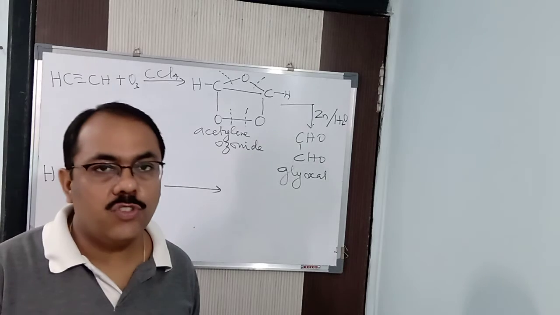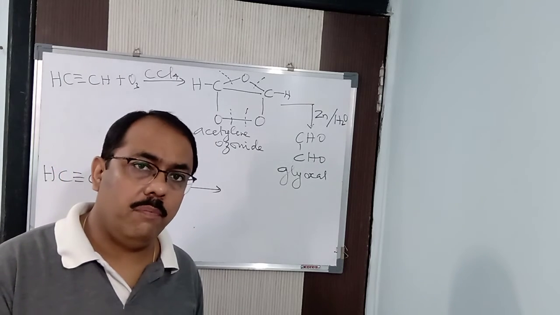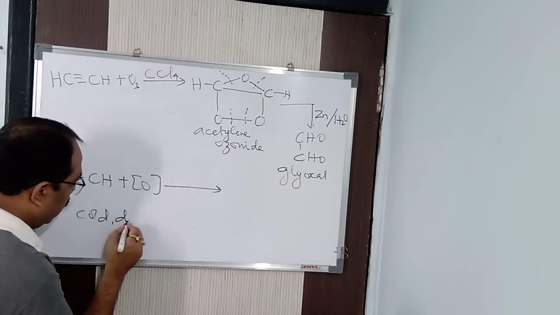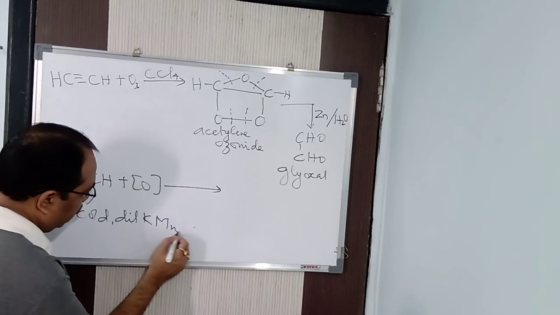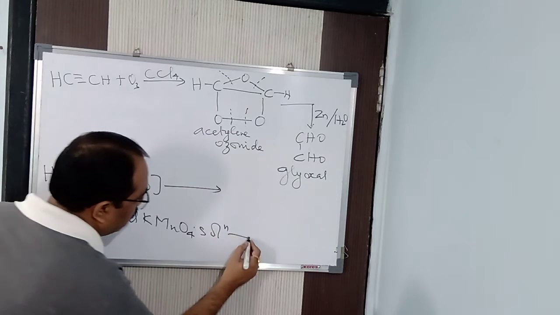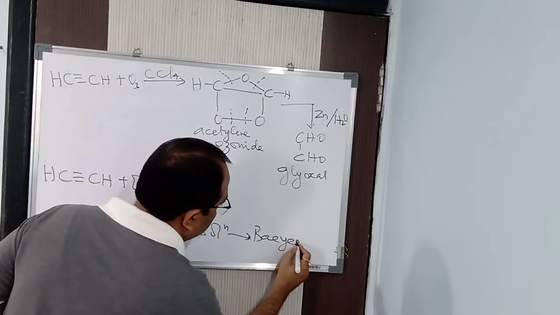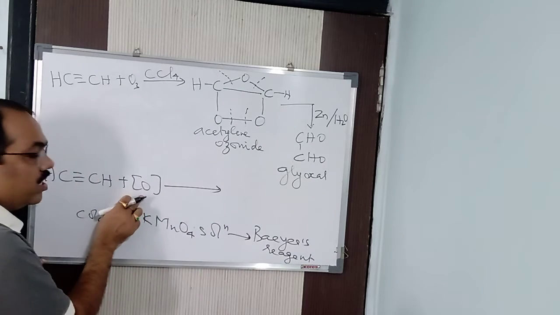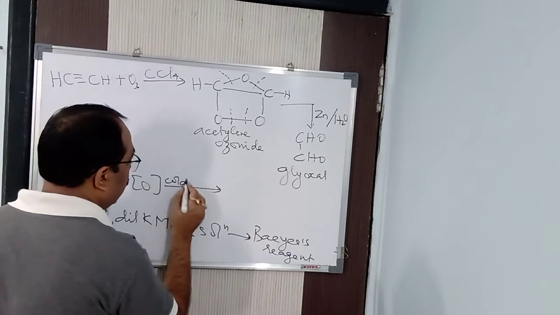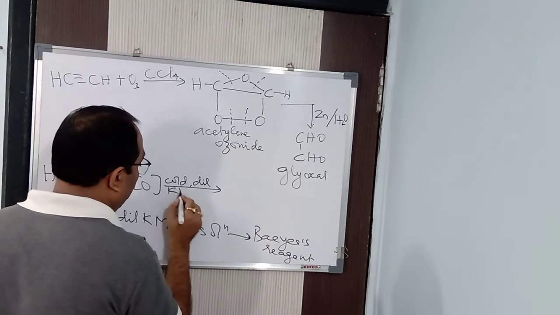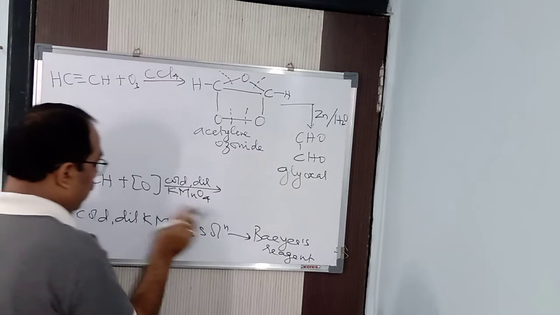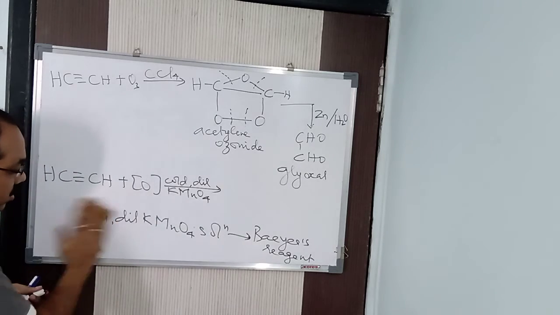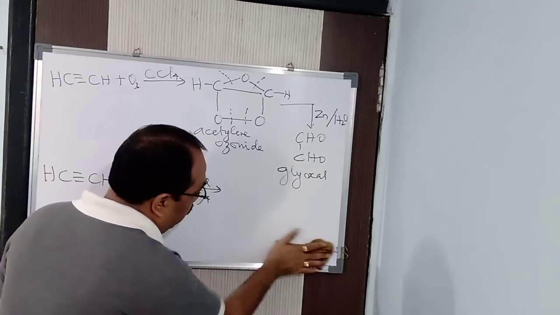Cold dilute KMnO4 solution is also called Baeyer's reagent, B-A-E-Y-E-R. So it gives you nascent oxygen. You can write it here, cold dilute KMnO4, which gives you nascent oxygen, or also you can write Baeyer's reagent. Understood? Remember the name.